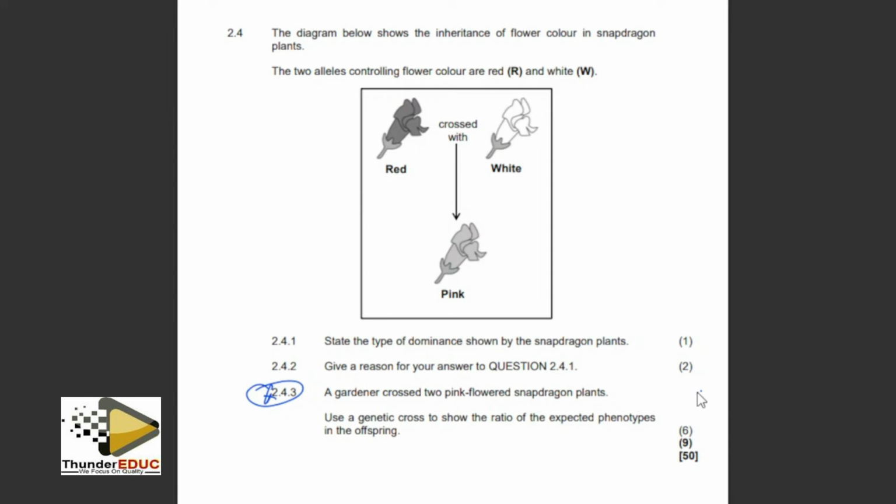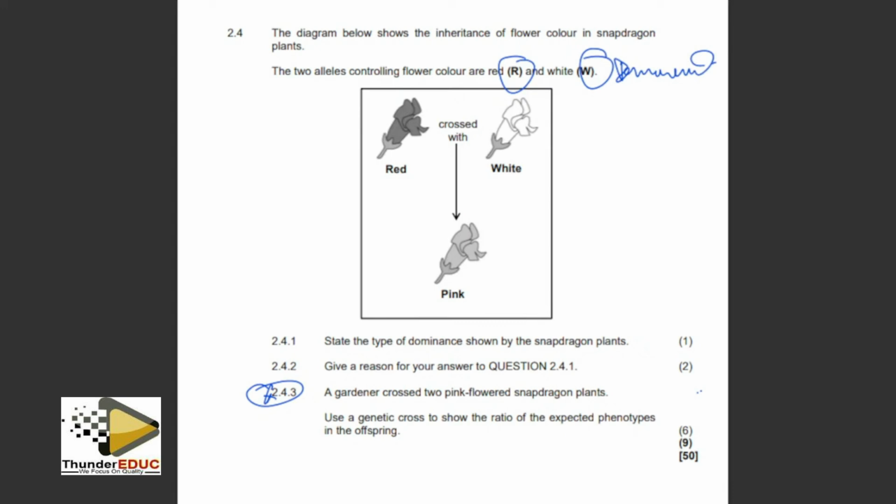Okay, now let's go through it. They are saying, diagram below, controlled by R and R. Check here. The first point is R and W. These are capital letters. The moment they are capital letters, it means that both of them are dominant.